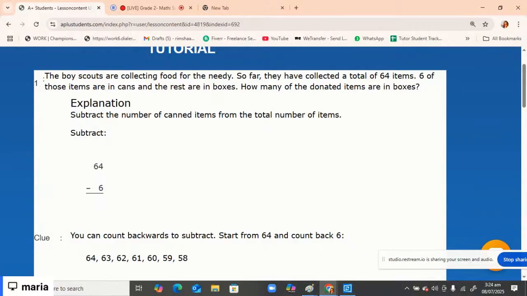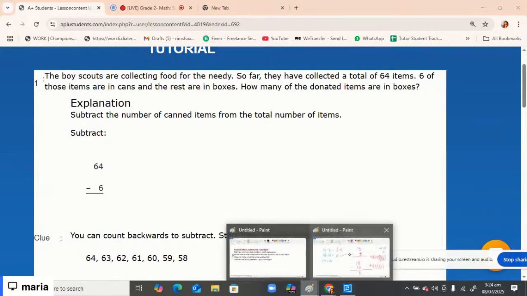So basically they are saying that 64 is the total, 6 of them are cans and the rest are in the boxes. How much is the total? 64 is the total.